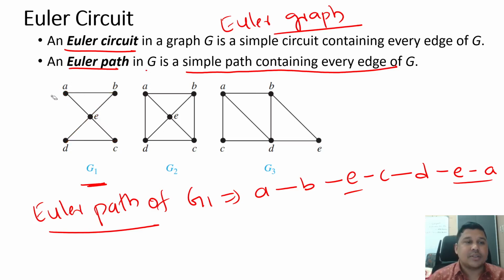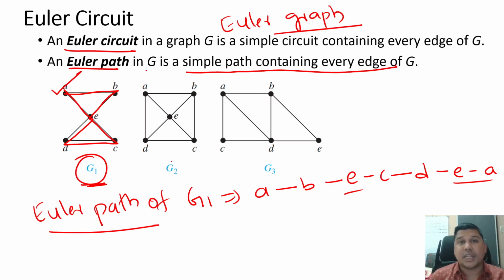Okay, let's see this. Let's take the example of the second graph G2, and find out whether there exists a Euler path or Euler circuit or not. See, this G1 has both Euler path and Euler circuit. Why? I am starting from A, visiting like this and coming back. Wherever I started, there I came back. So first condition, there is a path. Second, there is a circuit also.